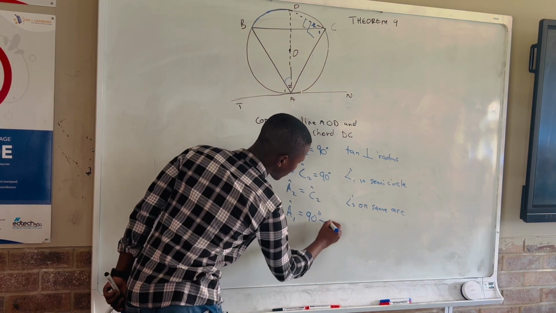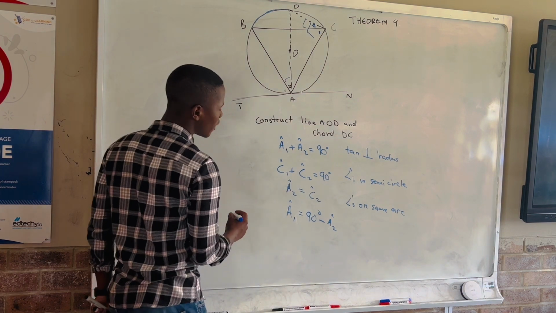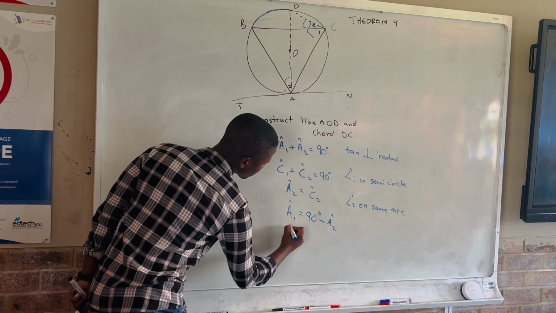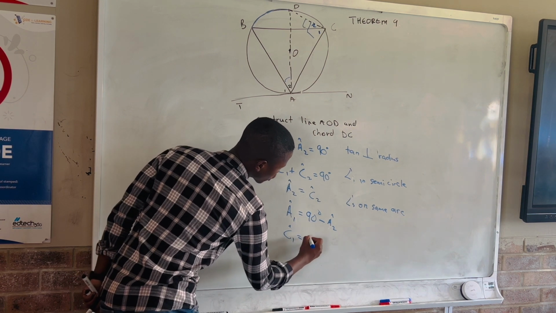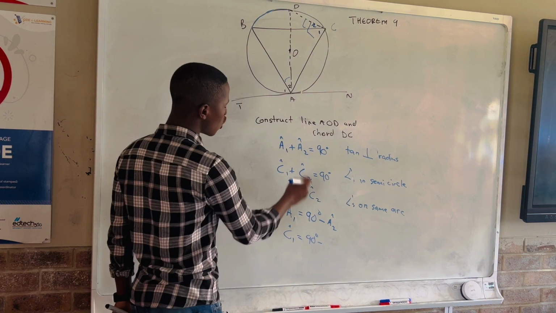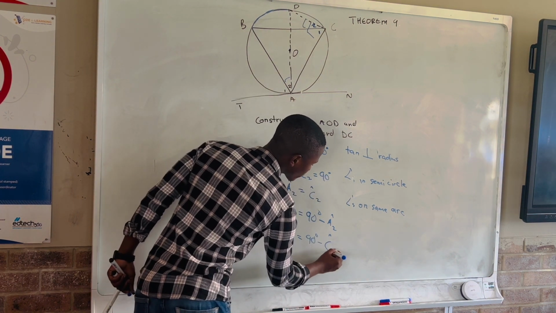Similarly, your angle C1 is going to be equal to 90 degrees subtract your angle C2.